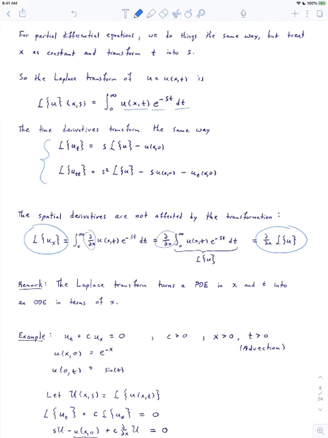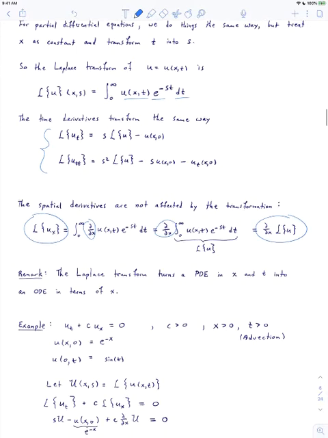It converts t derivatives into multiplication by s, and x derivatives it leaves alone. So the value of this is that the Laplace transform turns a PDE in x and t into an ODE in terms of just x, because all of the time derivatives will be turned into multiplication.